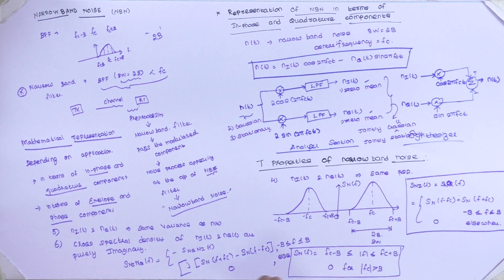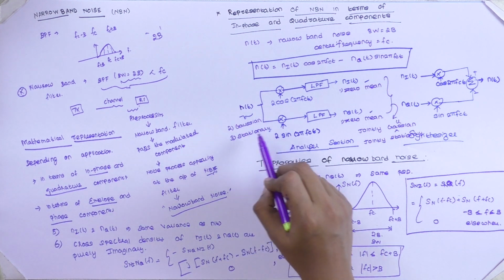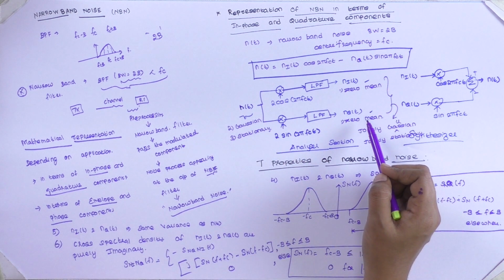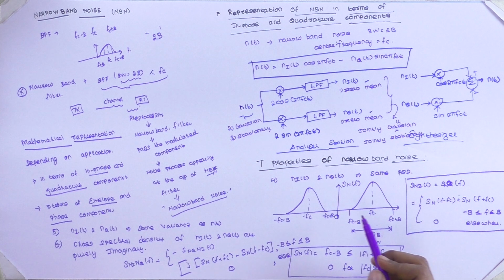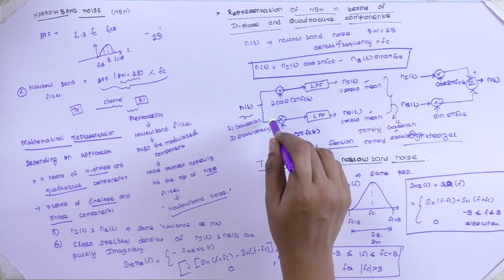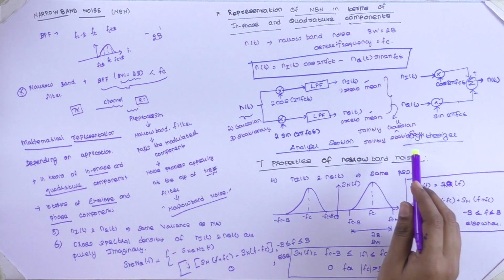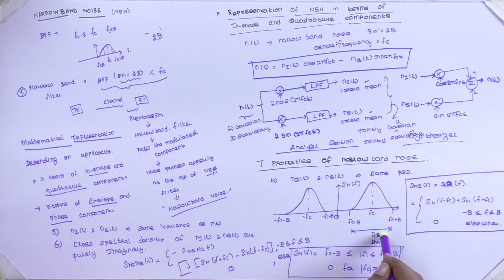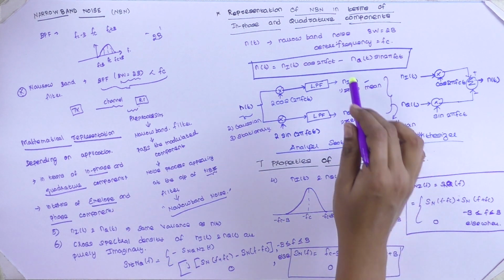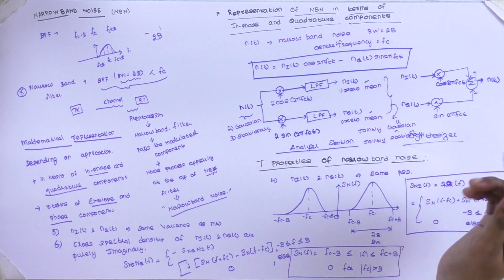So, this is the sixth property in our narrowband noise. What is the seventh property? If N of t is Gaussian and Sn of F is symmetric about Fc, then Ni of t and Nq of t are statistically independent.